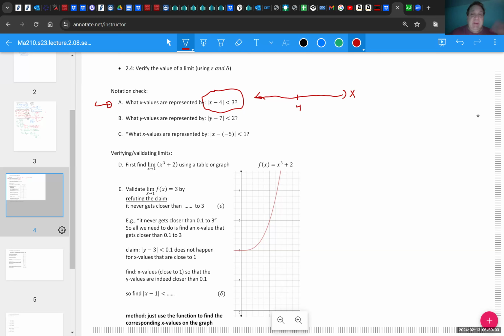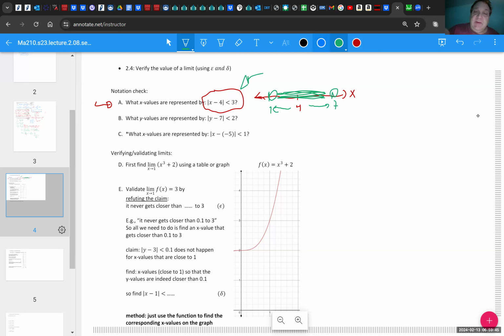And the distance between any x value and 4 has to be less than 3. So if I went 3 this way, I would end up at 7. And if I went 3 this way, I would end up at 1. So all the x values between 1 and 7, 4 and up or down 3, is what this inequality represents. So although it may look like a bunch of math symbols, what they're just saying is that x is between 4 plus 3 and 4 minus 3.